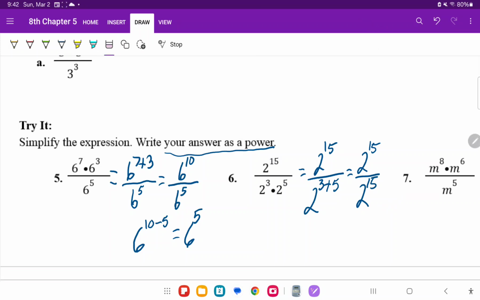I apologize. I was multiplying those and not adding. All right, so we have to add that right there. 3 plus 5 is 8. All right, so then the next step, because we're dividing, we will subtract the exponent. So my final answer is 2 to the 7th, like that.